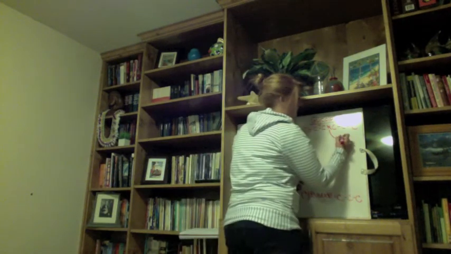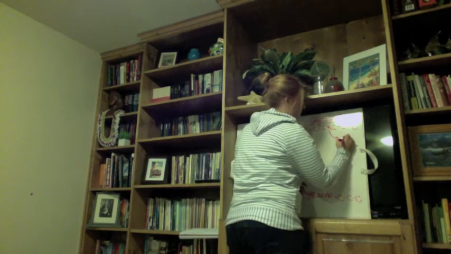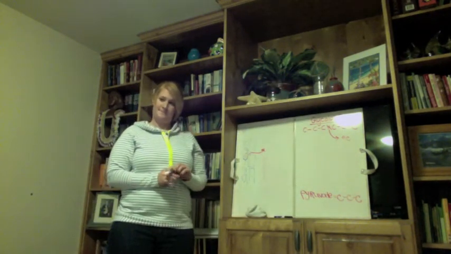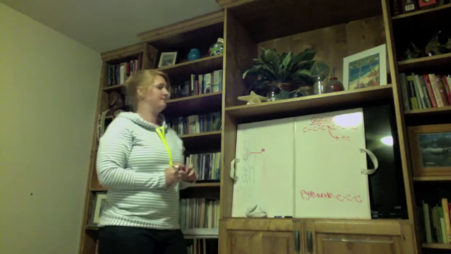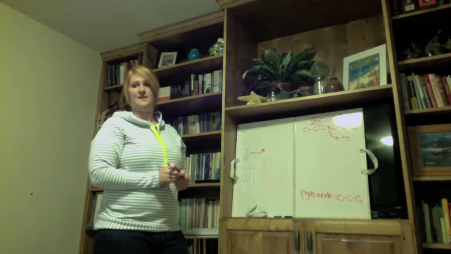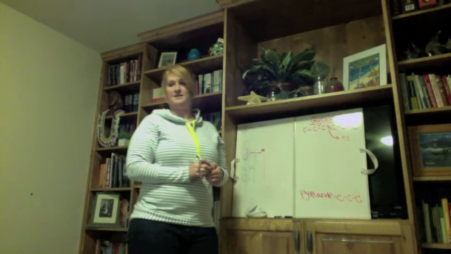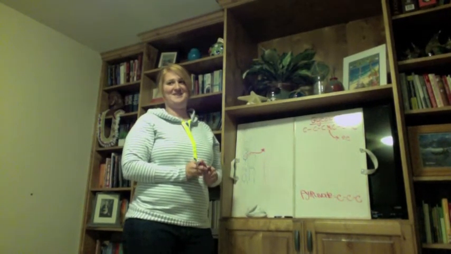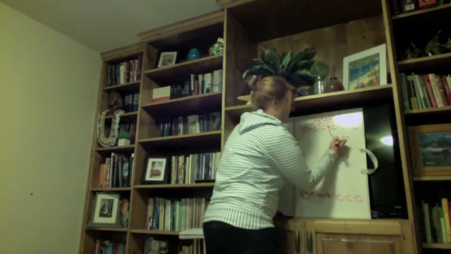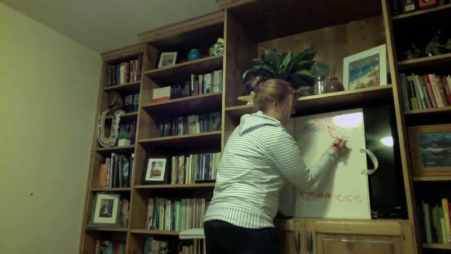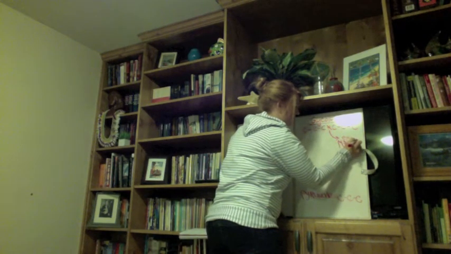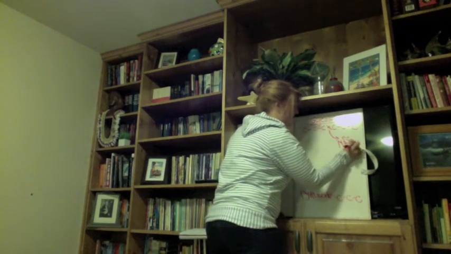In the form of 2 electrons. And where are those electrons stored? In the NADH. Okay. So we have N, A, D, and the electrons go right in here between the D and the H.